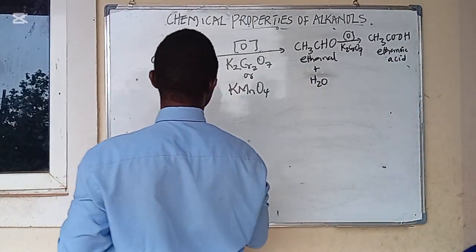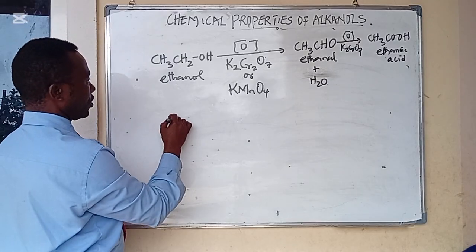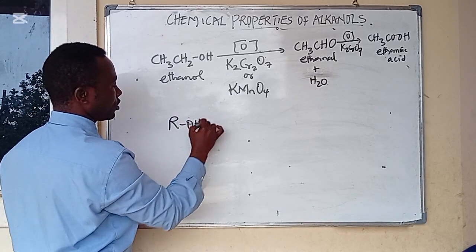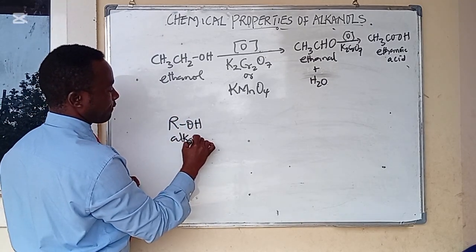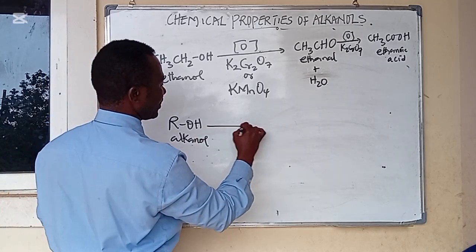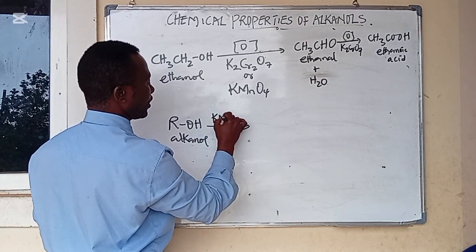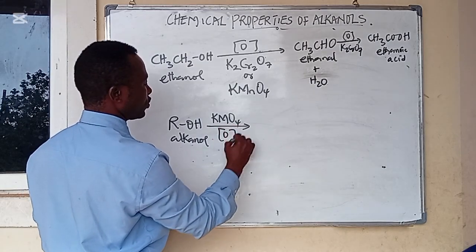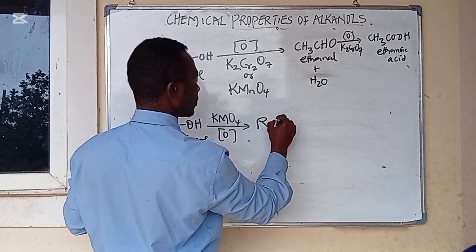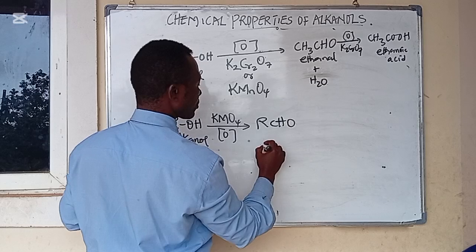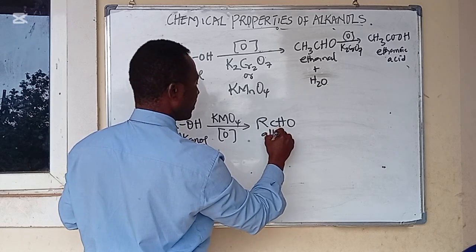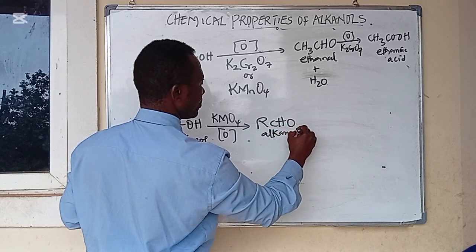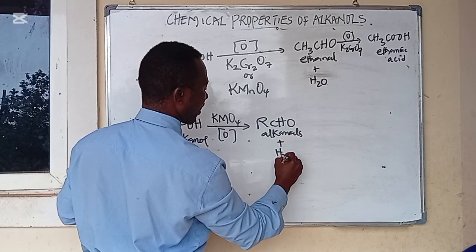So what we mean by that is when you have ROH, which is alkanol, and you oxidize using KMnO4, you get RCHO, that is alkanal, plus water.